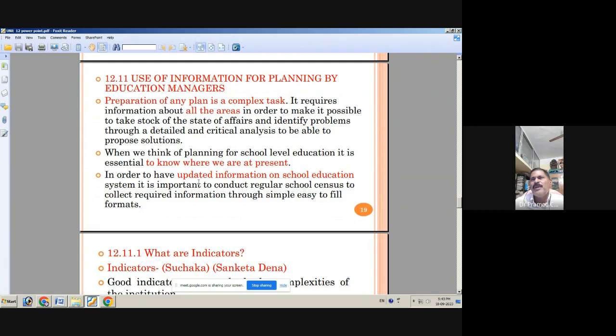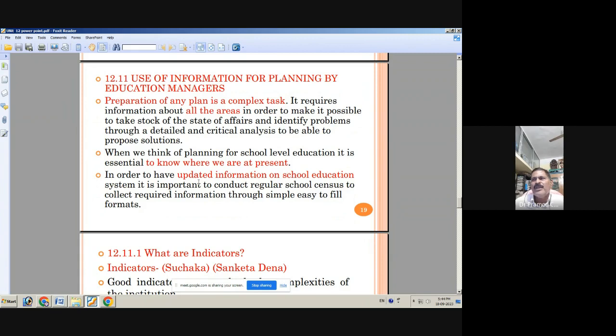We are always getting the information regarding all areas. And when there is a stock of knowledge, then we have to identify the problems and detailed programs, and critical analysis of the problem will be done by us. Because if you have no idea, then automatically we cannot have any type of critical analysis.